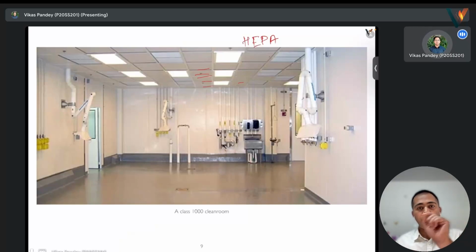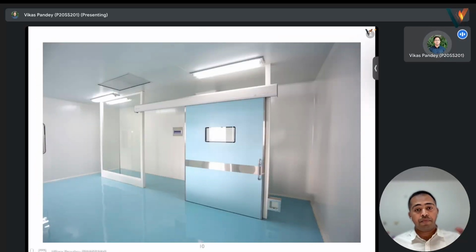So there is always a positive pressure gradient compared to what is outside. So this is a class 1000 clean room. Now if we see a better clean room, this is the entry point of a class 100 clean room.